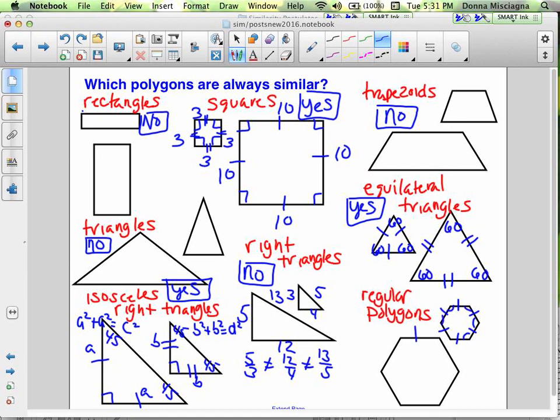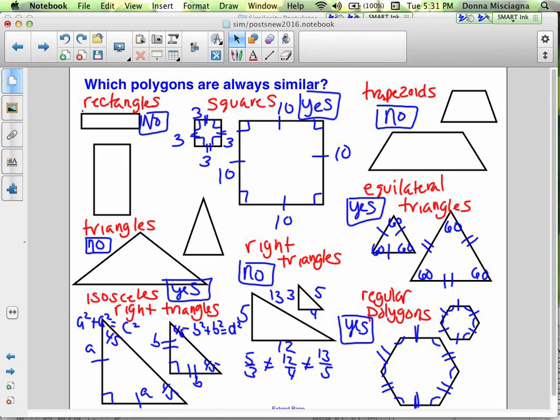And you're going to have to add up to the same thing whether you're a big hexagon or a small hexagon. So the sides will be a different measure, but they'll all be the same in the larger hexagon, and they'll all be the same measure in the smaller hexagon, and these angle measures are going to be exactly the same in both hexagons. So this one was a yes.